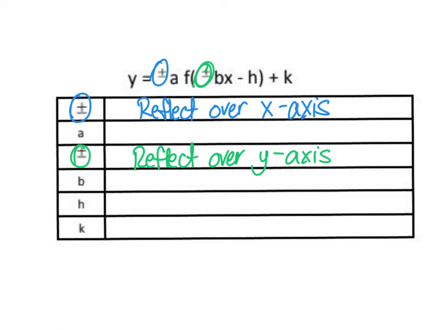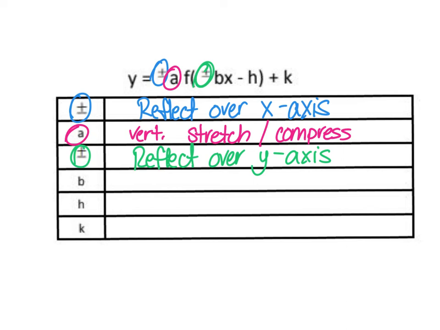Okay. Now we're going to talk about those a and b values. Let me pick a different color here so we can make sure it's decent. So now we have the a value. This is outside the parentheses. Outside is going to be a vertical change, and it's either going to be a stretch or a compression. And it's exactly what you think it is.